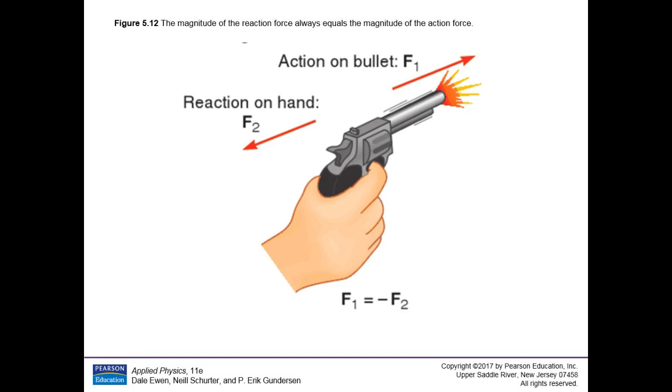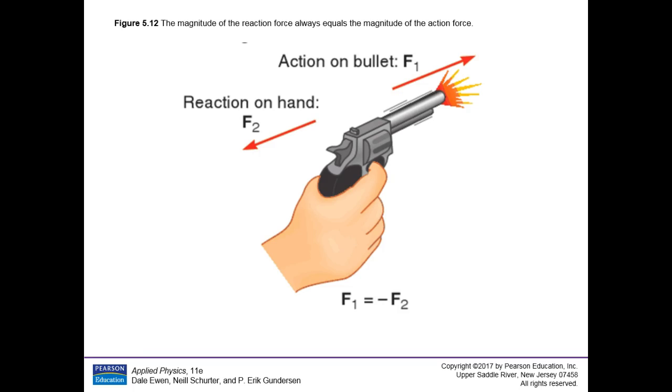After that, they got propeller planes. What a propeller plane does, the propeller has a certain cant to it, and as it turns, it's taking air and pushing it back. Okay? And that's what propels the plane forward. Again, action, reaction. Then they came up with jet planes.